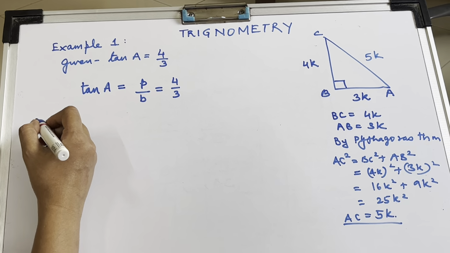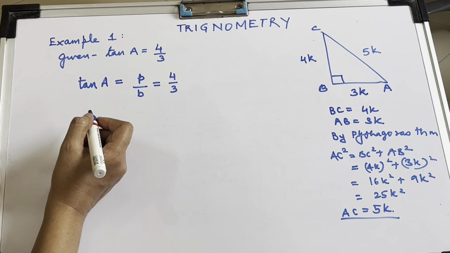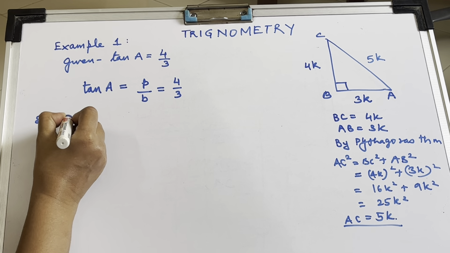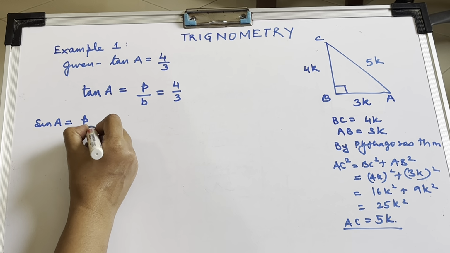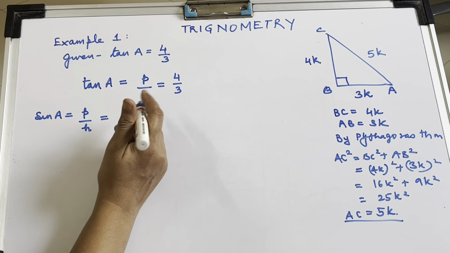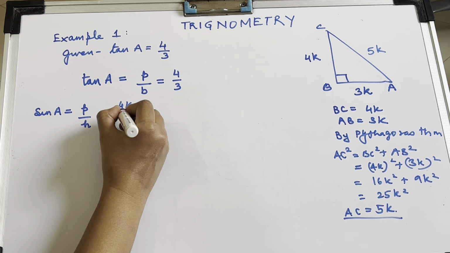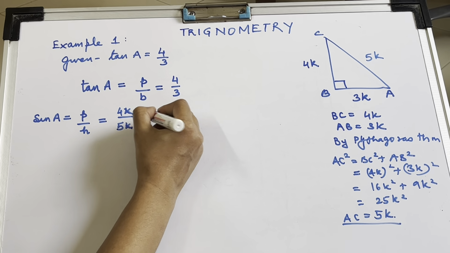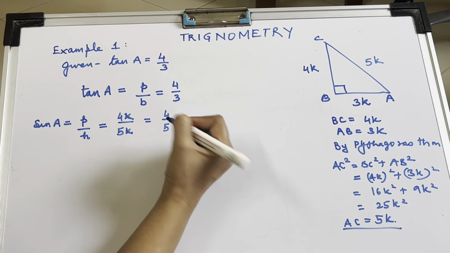As you all know, there are 6 ratios, one is given to us, remaining 5 ratios we will find. The first one being sin A. Sin A we all know, it is perpendicular upon hypotenuse. Perpendicular here is BC, which is 4K, and hypotenuse is 5K. K and K get cancelled, we get the ratio as 4 by 5.